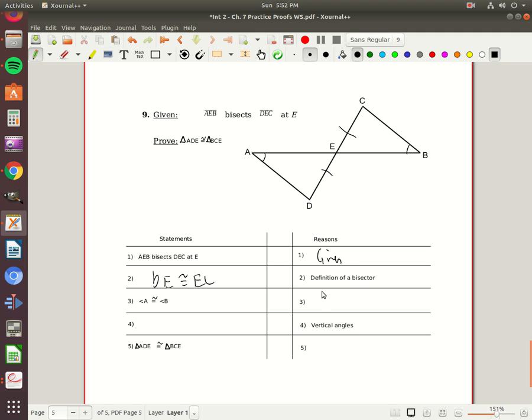They got cut in half. I know that angle A is congruent to angle B because that's given. Some vertical angles here. Well, I can say that angle AED is congruent to angle CEB because they're vertical angles. And then finally I can say triangle ADE is congruent to triangle BCE, and that looks like the case because of angle side congruent.